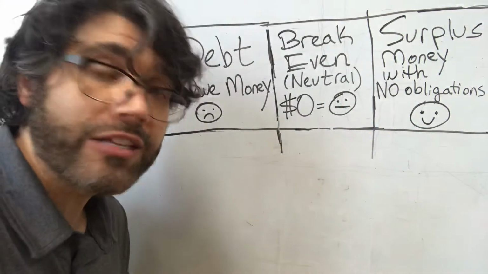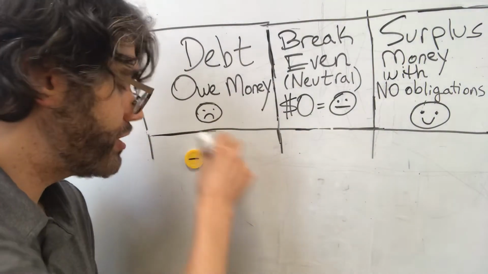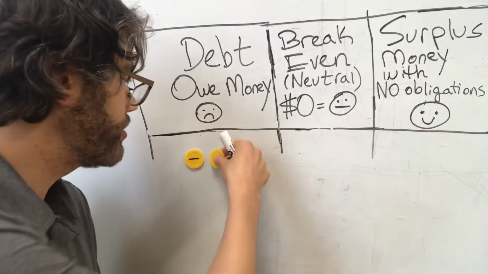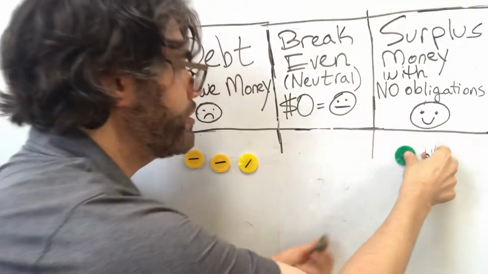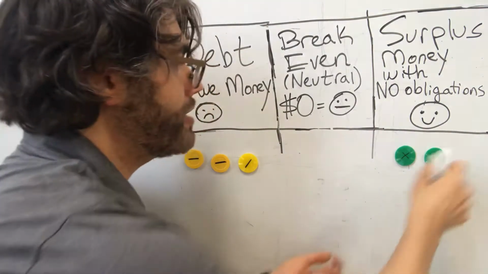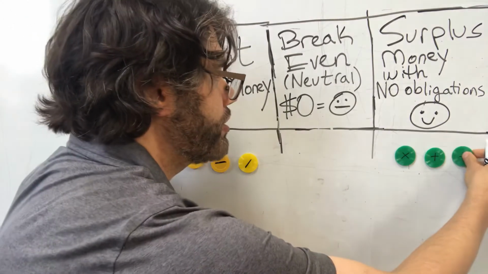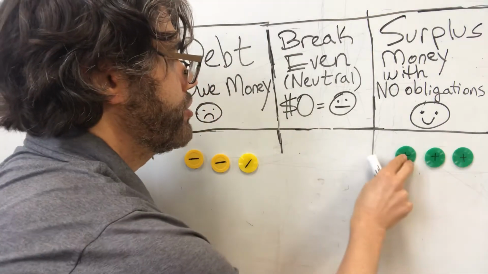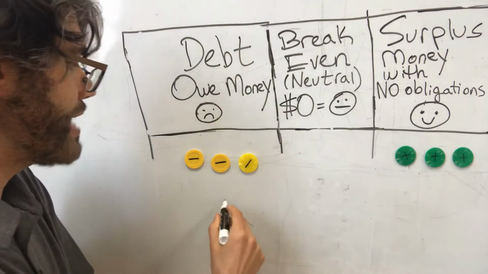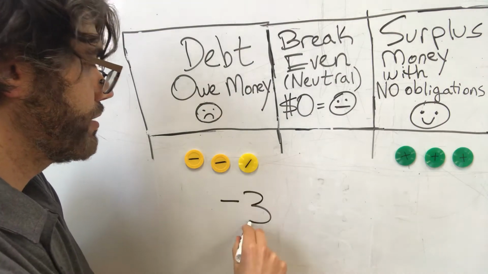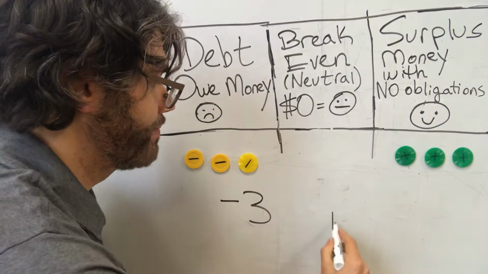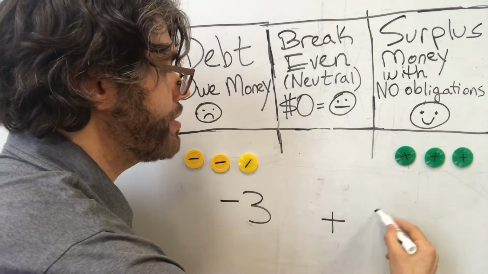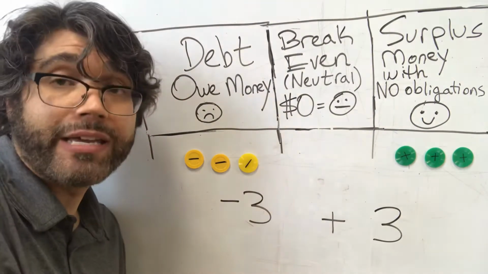So let's do that in terms of using some numbers now, using some of these symbols. So again, you have $3 in debt, you have $3 that you just made from your chores. So it's negative $3, and you're combining it. Remember that transaction with your cousin, you combined it with that positive money.